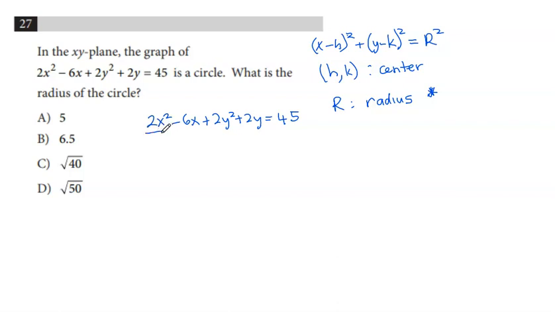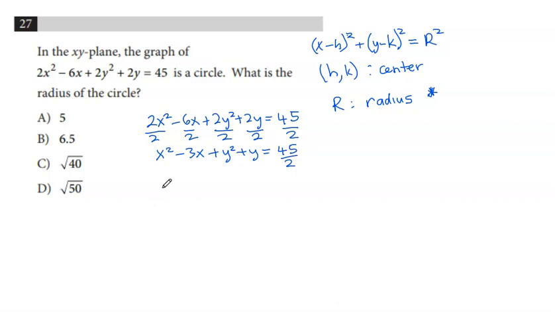So divide by 2, divide by 2, divide by 2, divide by 2, and divide by 2. All right? And then this simplifies to x squared minus 3x plus y squared plus y is equal to 45 over 2.